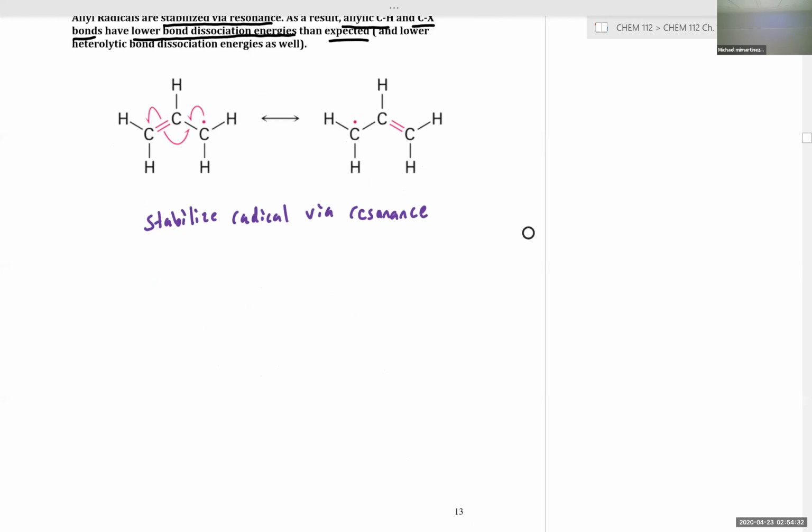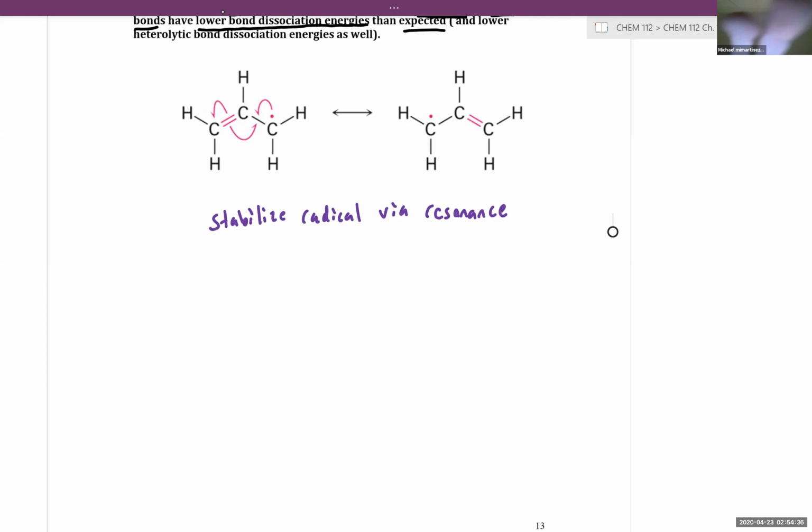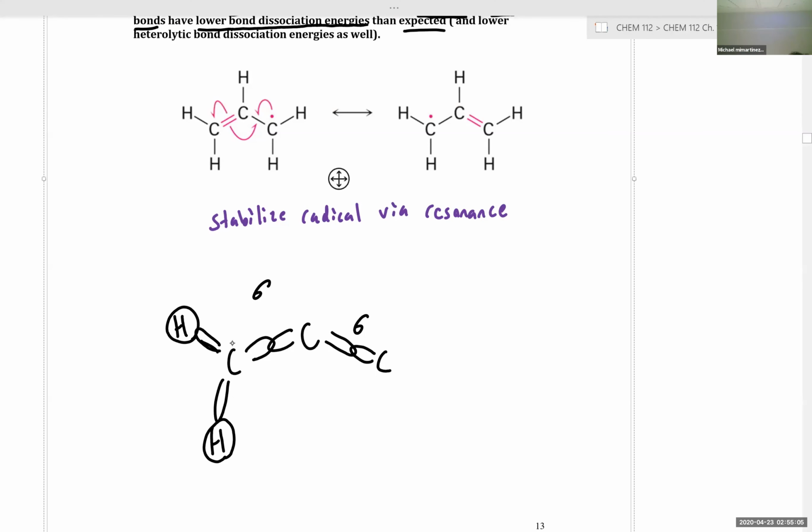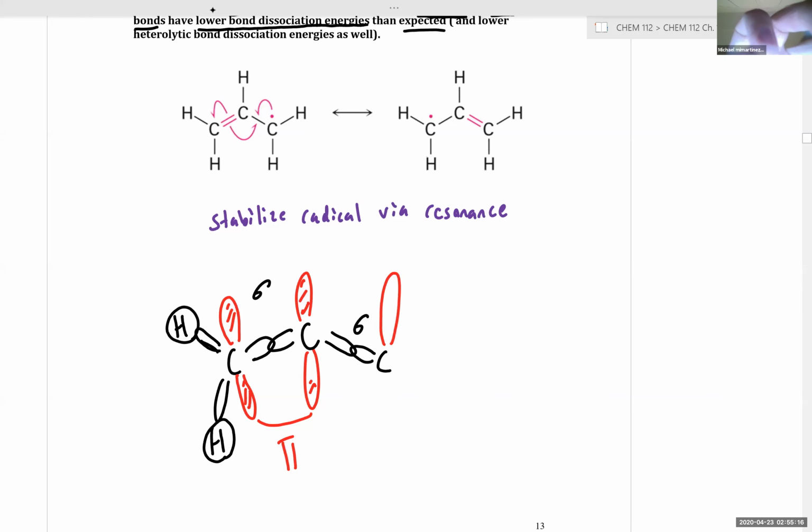So to draw an orbital picture of what's going on here, we have our sigma bond, and we have our pi bond, and the radical is being held in a p orbital that in turn can be delocalized throughout our pi system.